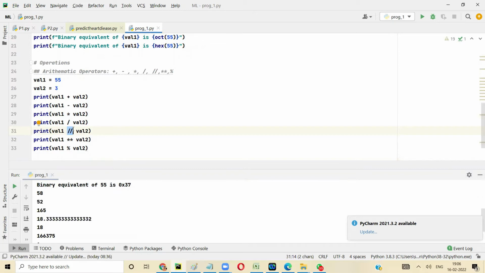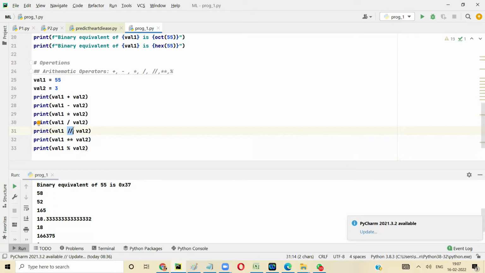Now, double divide, I told you it's called integer division. If you get an integer point something, that point something is removed. If you get 4.9999, the 0.9999 will be removed. This is not rounding off. It is removing the decimal part.